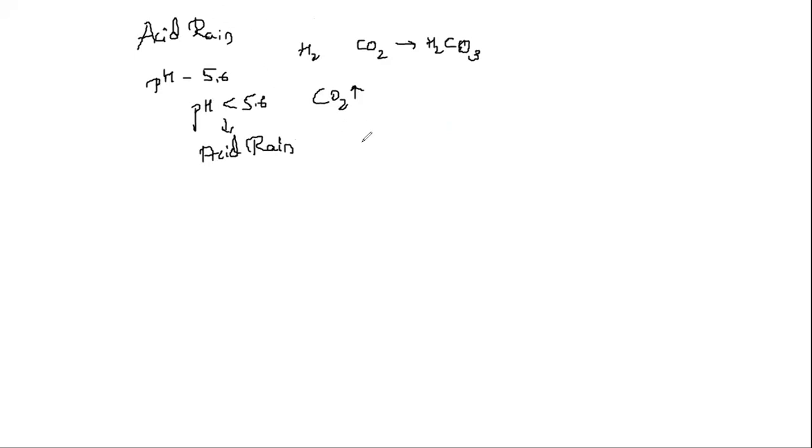It causes damage to buildings, especially those made of limestone. That damage we call stone leprosy. You might have seen the Taj Mahal, the monument of India. It is white marble, but it had developed yellow patches. Why the Taj Mahal?